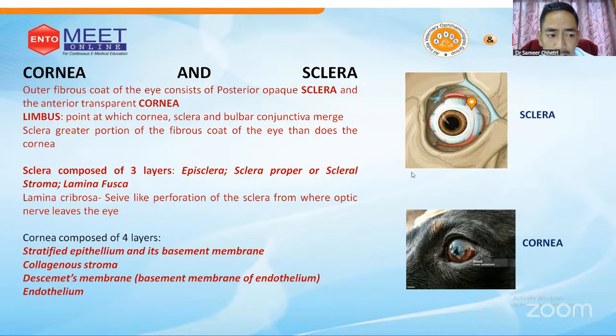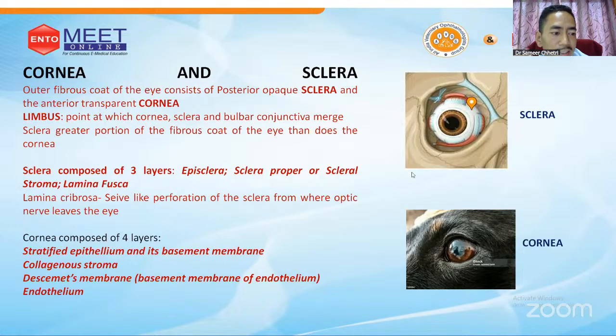The cornea has a remarkable feature: it's a smooth optical surface. There is a lack of keratinization, and a lack of blood vessels or any other pigments, and it's very sensitive. The nerve supply to the cornea is very high compared to the skin.